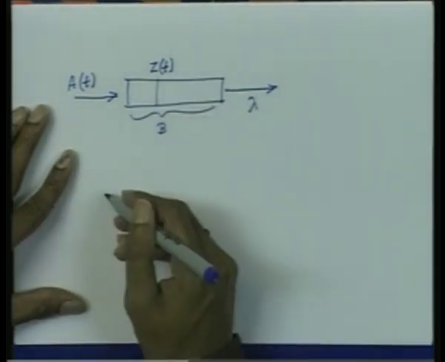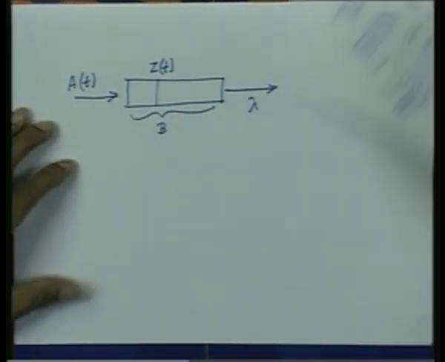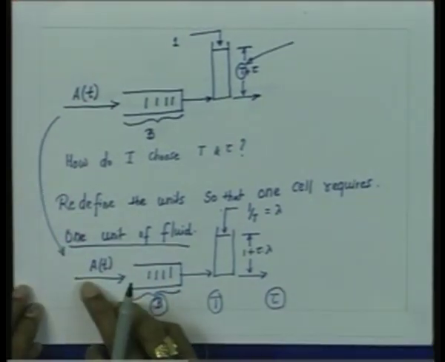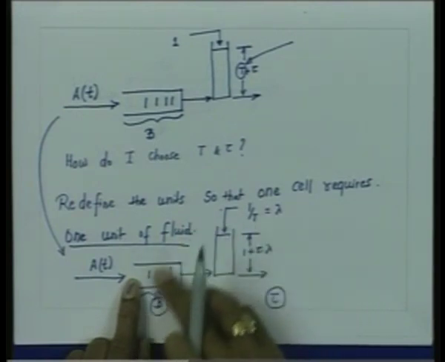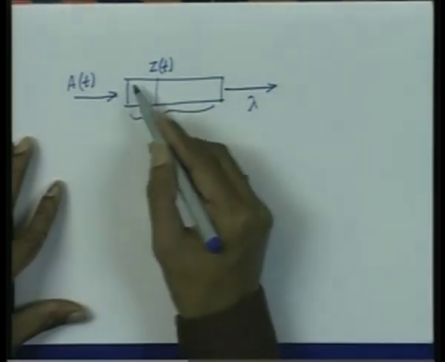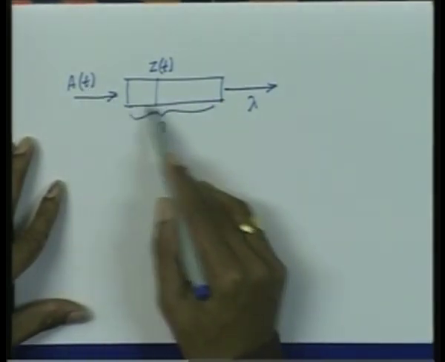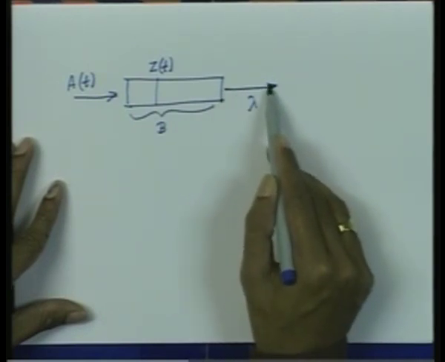So this problem, where there is a random traffic source A(t) which is passing the fluid through a GCRA (T, tau) shaper, can be equivalently represented by a single buffer where the input is A(t), the maximum buffer length is B, and this buffer is being served at rate lambda.